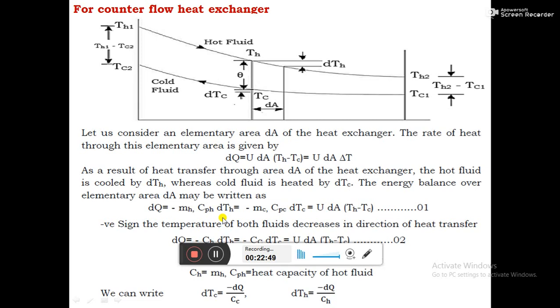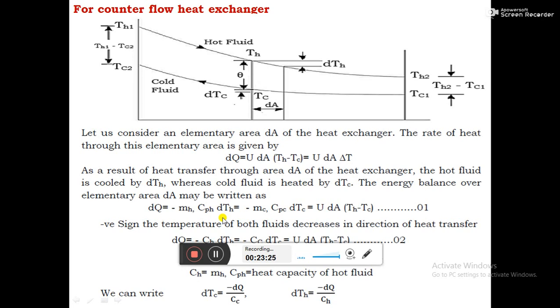The exchange of heat through this elementary area dA can be given by the equation dq equals U into dA into (Th minus Tc), or equals U into dA into delta T, where delta T is the temperature difference between the hot fluid and the cold fluid, Th minus Tc.